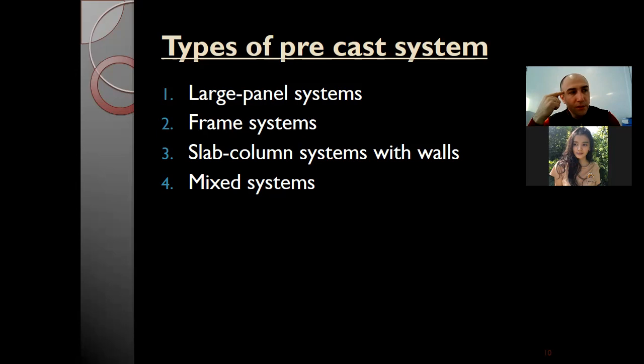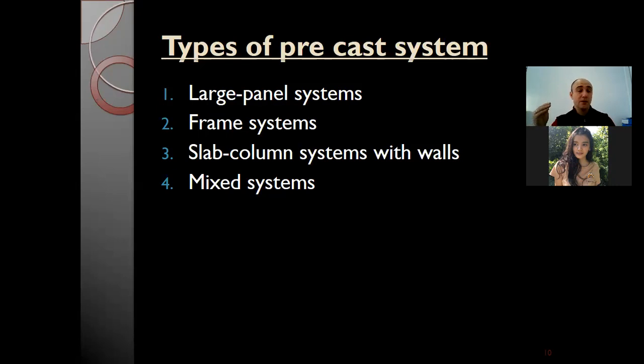In order to understand the construction of precast concrete structures, different precast systems shall be known. There are four major types of precast system, which are classified based on the load bearing structures.